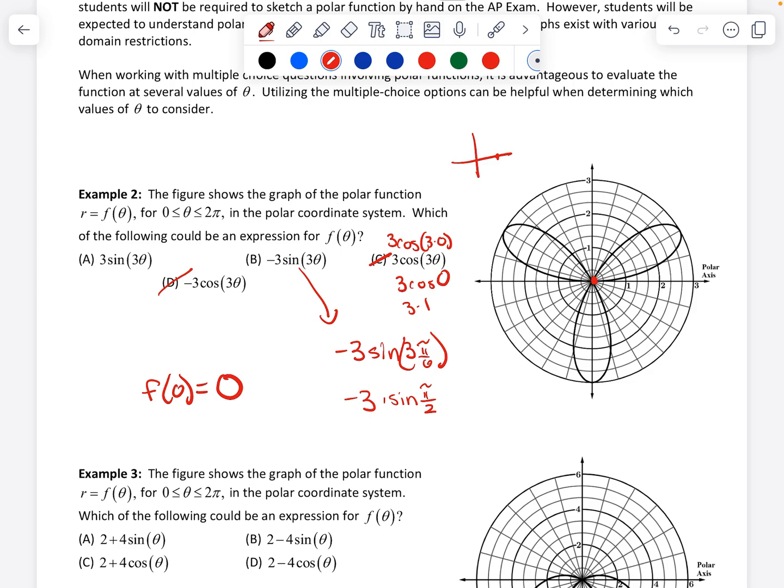And the sine of pi over 2 is 1, so that would be negative 3. Well, looking at pi over 6, it doesn't go in a negative 3 direction, so it's got to be this, because this would be 3 sine of 3 times pi over 6. So 3 times the sine of pi over 2. So 3 times 1, which is 3. And pi over 6, it looks like that is probably more at the 3.